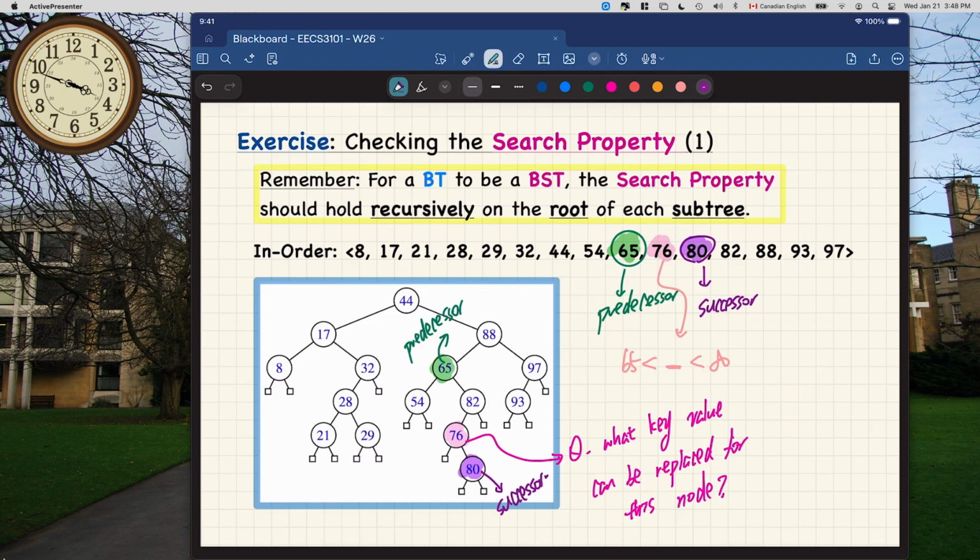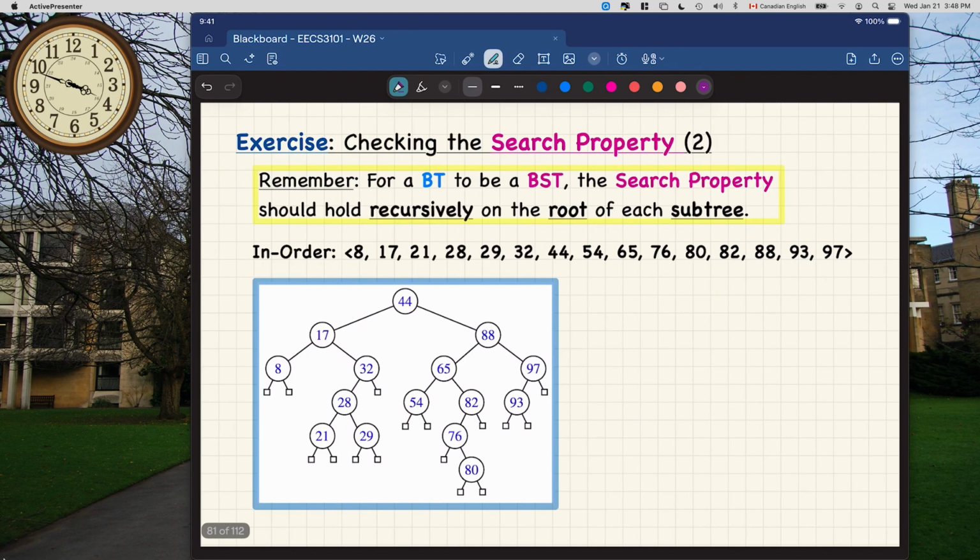Okay, one exercise for you. I'll write it down and let you figure it out. Now here's a question. Let me pick this node, this one over here. What can we replace it with?